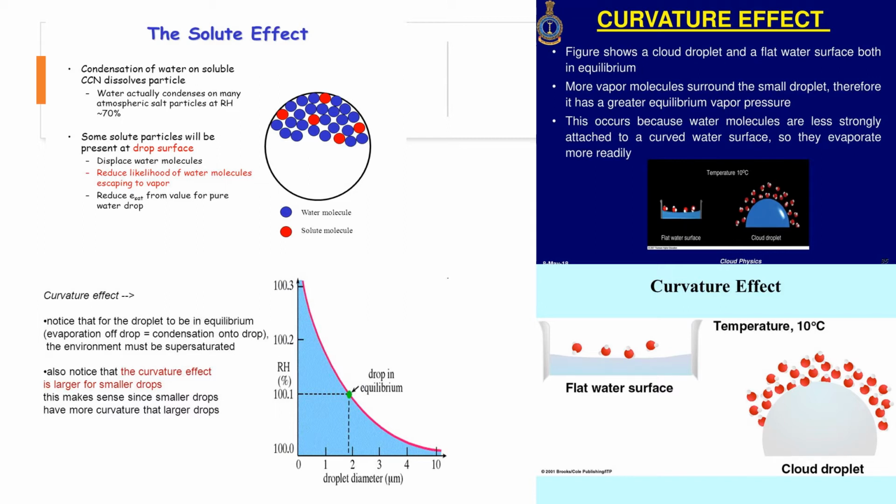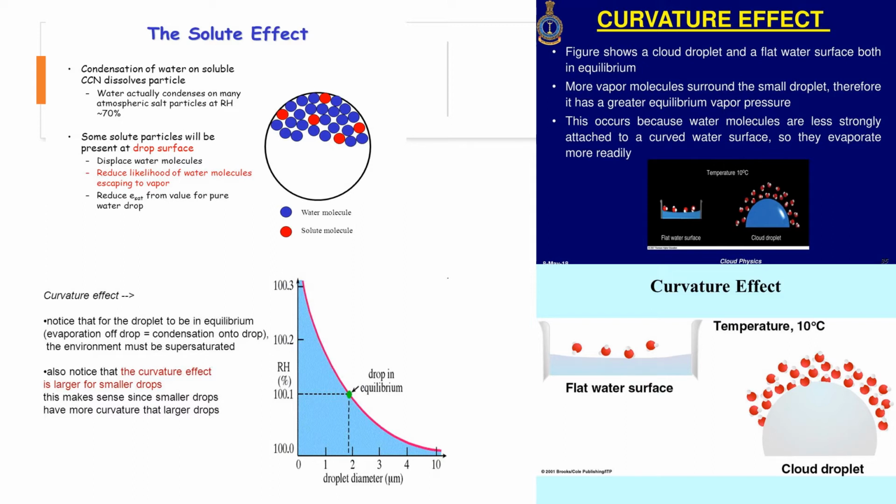Smaller cloud droplets exhibit a greater curvature relative to the size of a water molecule, causing a more rapid rate of evaporation. We call this the curvature effect. Smaller droplets require an even greater vapor pressure to keep them from evaporating away. So as the droplet is smaller, the curvature effect is greater.